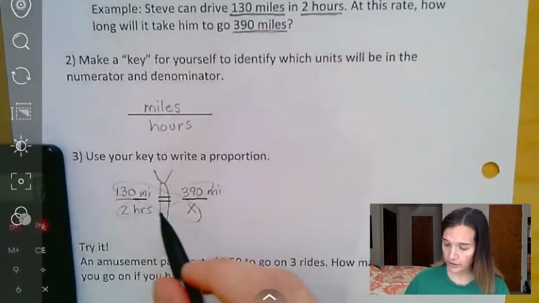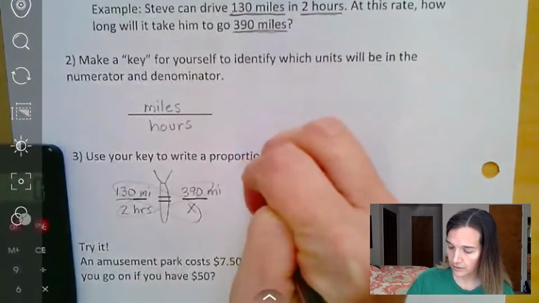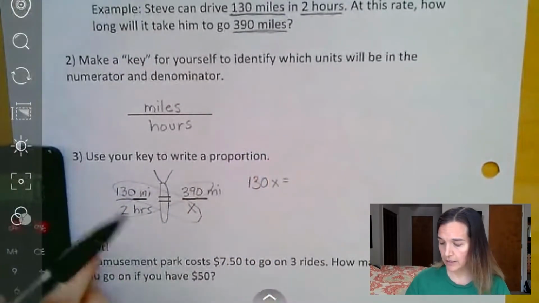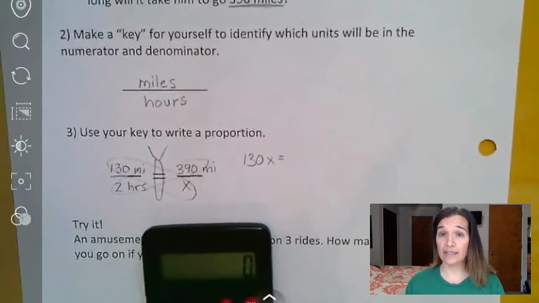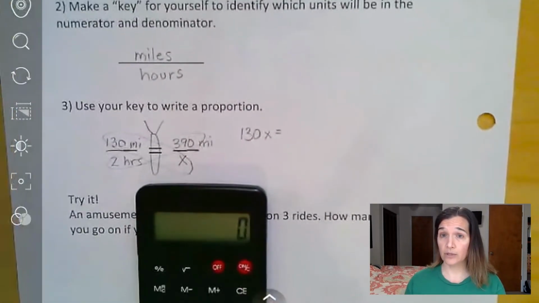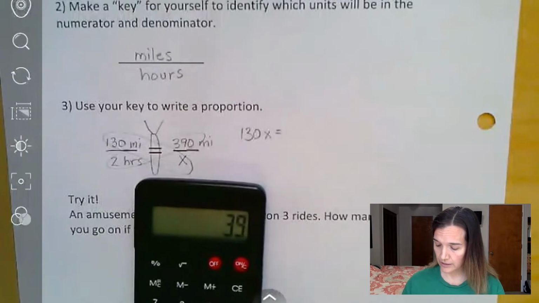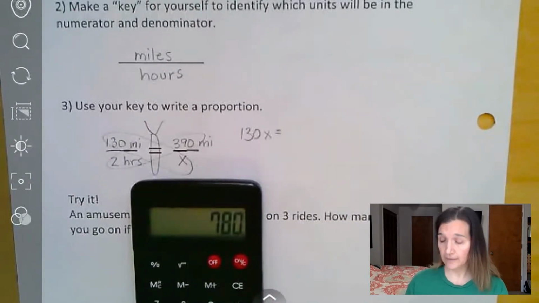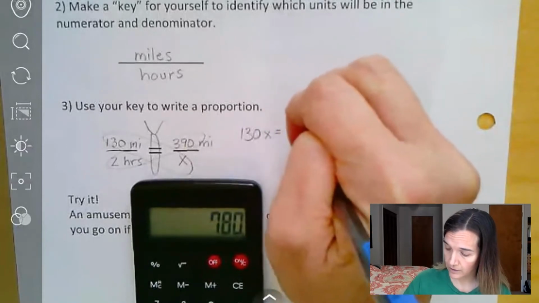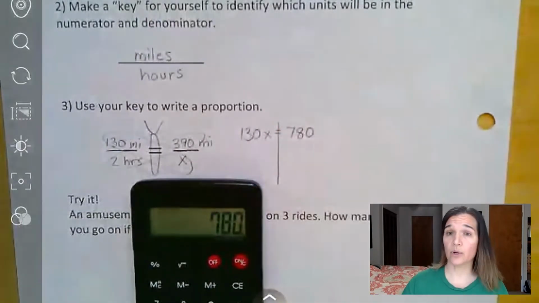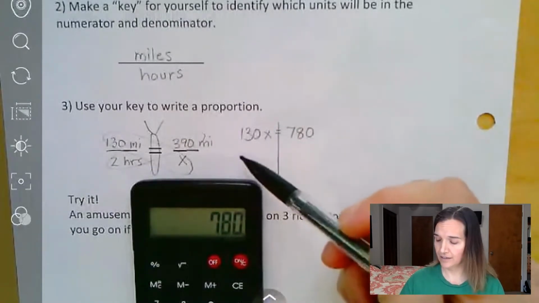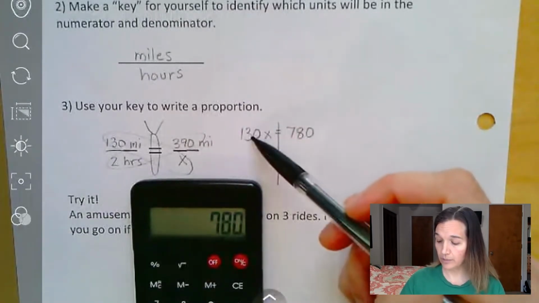So we'll have 130 times x, and then you'll have 390 times 2, and I'm going to use a calculator here for you guys to go ahead and see it. So we have 390 times 2, and we get 780. And then if you remember with a one-step equation, you always find the side with the variable, there it is, and divide by the number that's being multiplied by it.